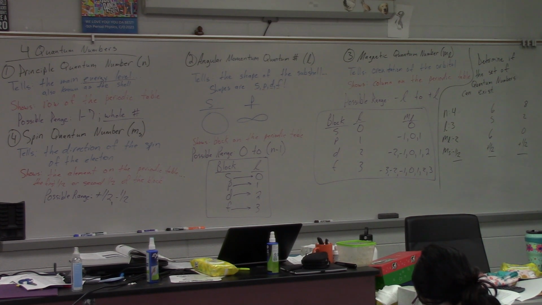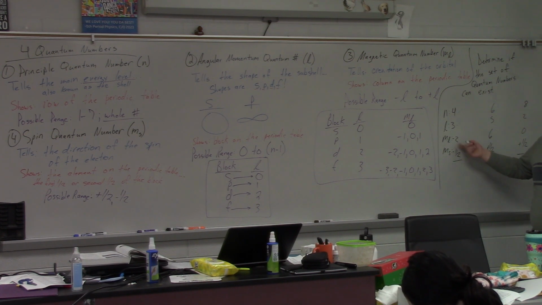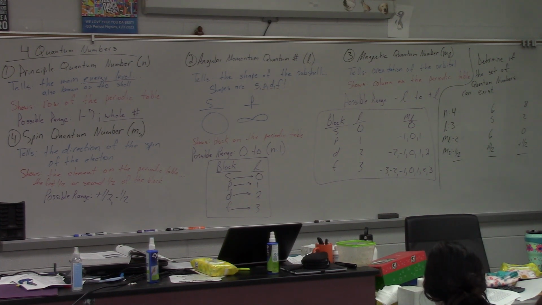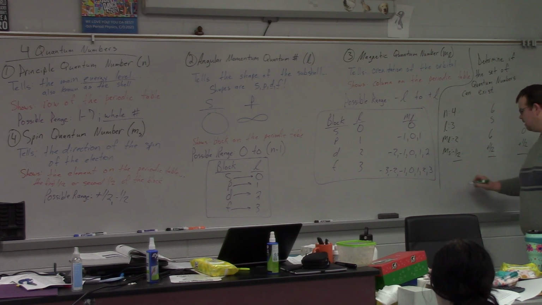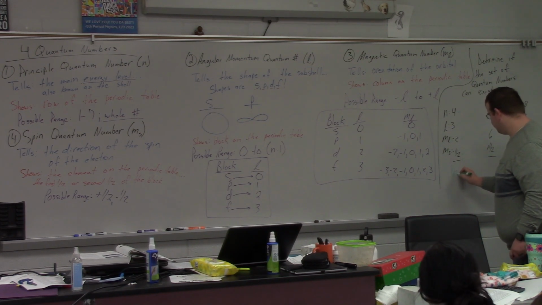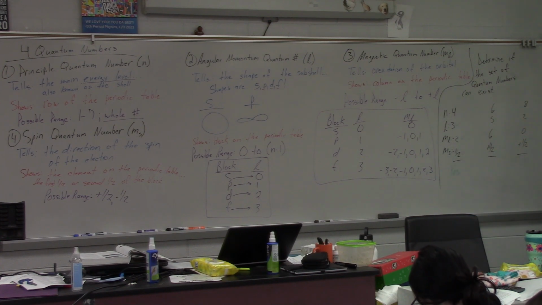L is 3. Can it be 3? Yes. M sub L is negative 2. M sub L's possible range is from negative L to positive L, so it can go from negative 3 to positive 3. Negative 2 falls in that range, so it's good. The spin quantum number can either be plus 1/2 or negative 1/2. It's negative 1/2. Can that exist? Yes. That can exist.